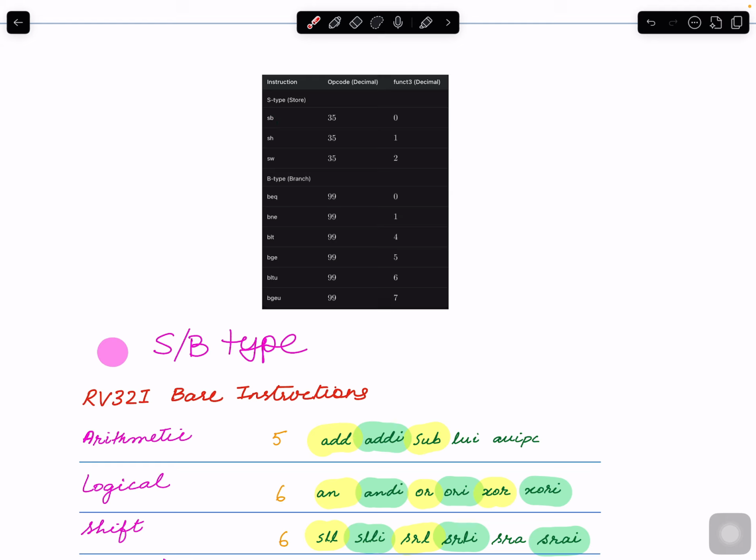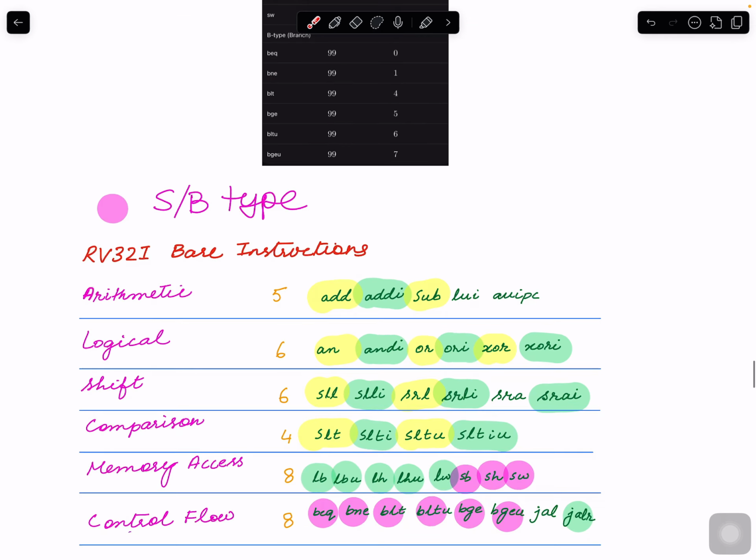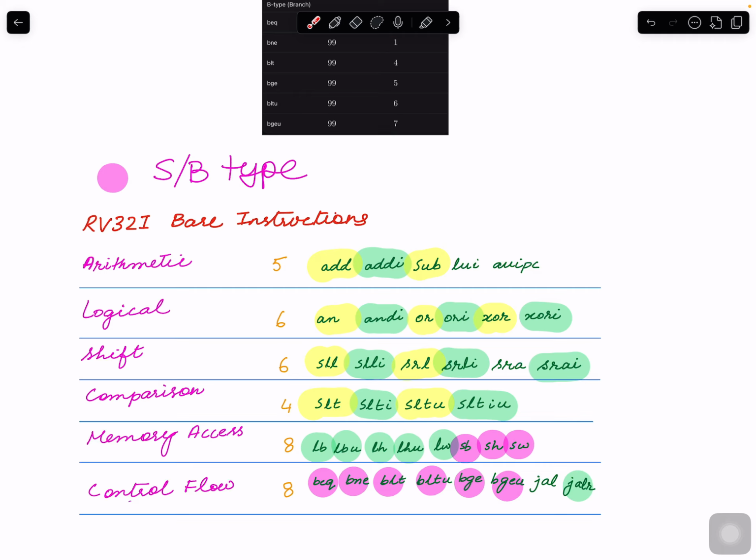Opcode always keeps the least significant bits, and that is 35 for these. Func3 we will keep again, and these are three values to differentiate among them. Similarly, the B type or branch types are these ones. Today is the pink color day.